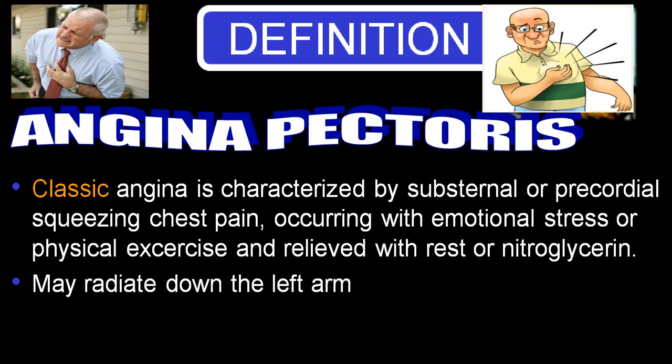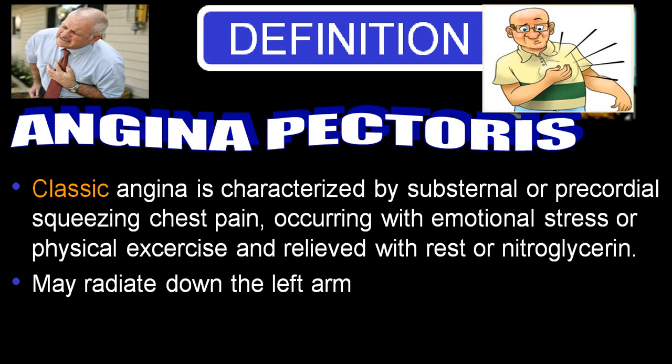It may radiate to the left shoulder, left arm, all along the inner side, right up to the tip of the little finger. It may radiate to the right shoulder, right upper arm, all along the inner side, or to the neck, angle of jaw, or towards the back, interscapular region, paravertebral region, or retrosternally right up to the xiphisternum and epigastrium.